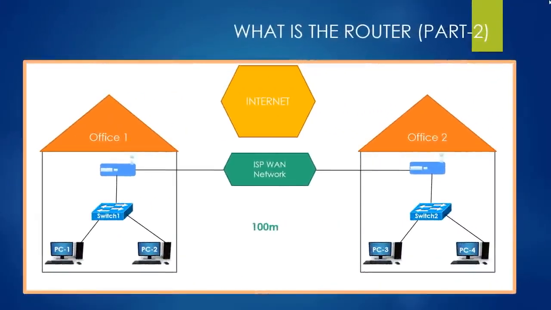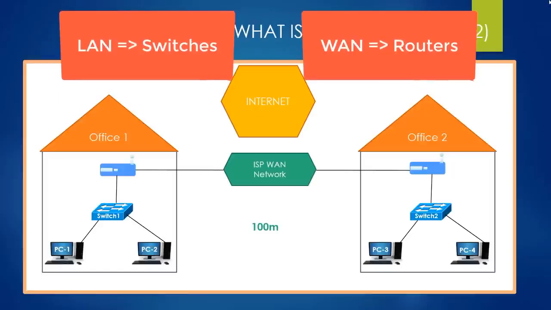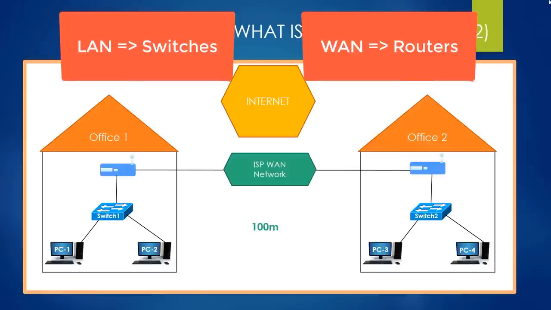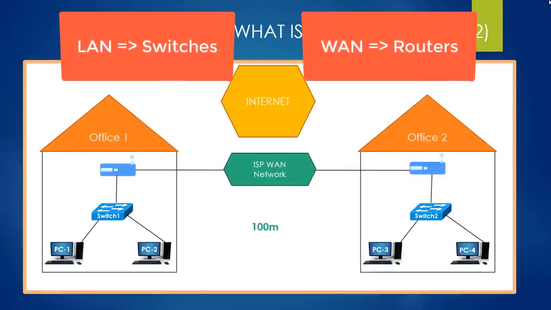Wonderful. Now, I want you to pay attention to one point. Some of you may have already noticed this, but it will be good to mention in any case. We use switch devices to create a LAN while we use routers to create a WAN. This is very vital. I want to repeat this again. We use switches to create a LAN while we use routers to create a WAN.